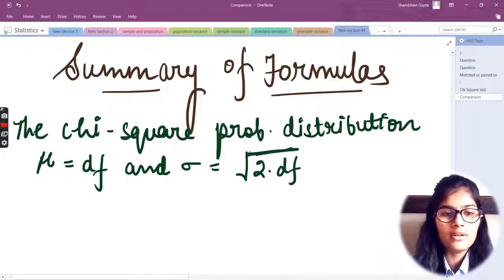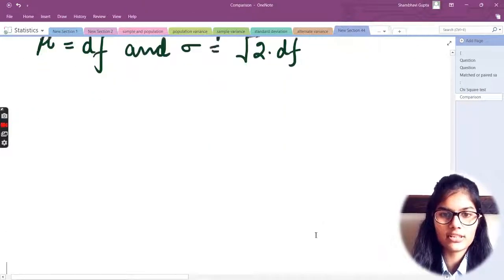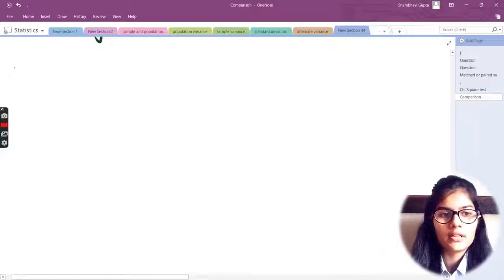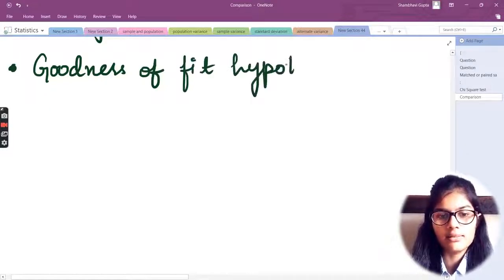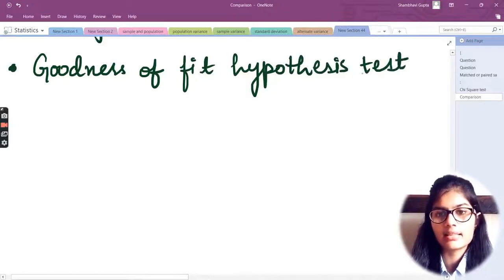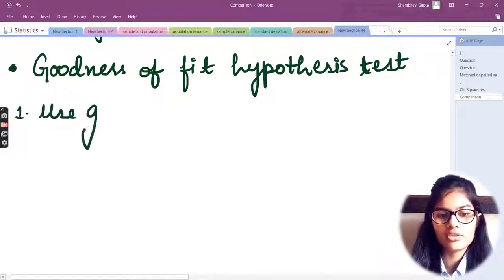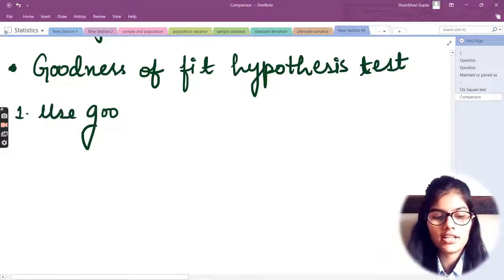Now let's move towards the topic, and that's the goodness of fit hypothesis test, right? Let me get some space for writing. This topic is the goodness of fit hypothesis test. So the very first point: use goodness of fit, instead of writing out the complete name.